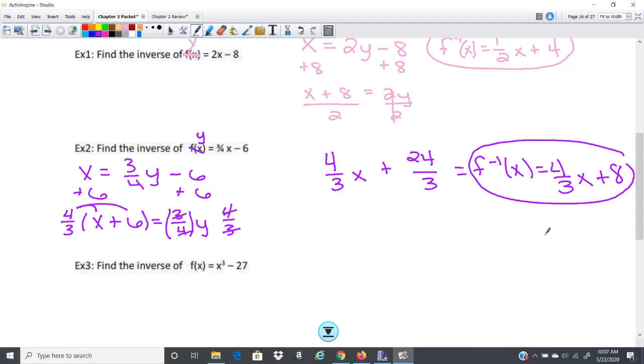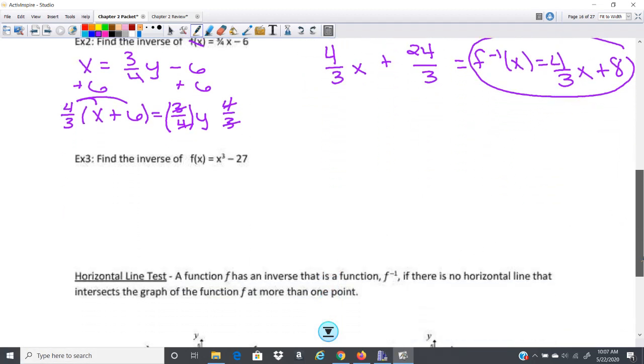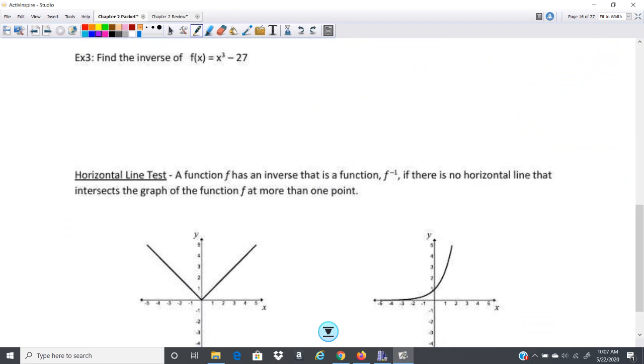Okay, let's take a look at example 3. So we have f of x equals x cubed minus 27, make that a y. And then here we would go x equals y cubed minus 27. Then we'll add 27 to both sides.